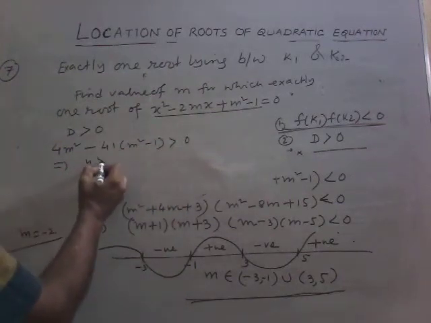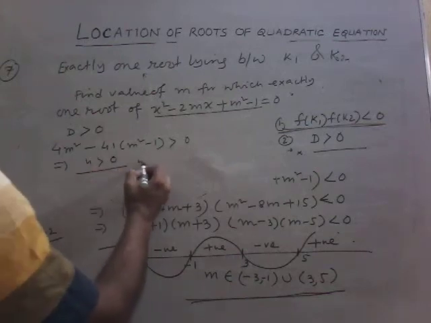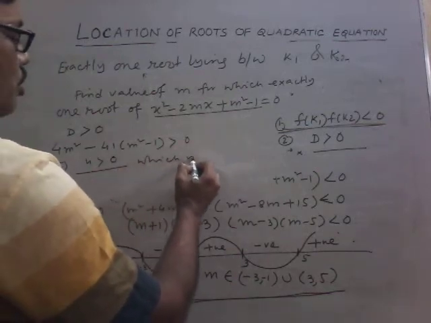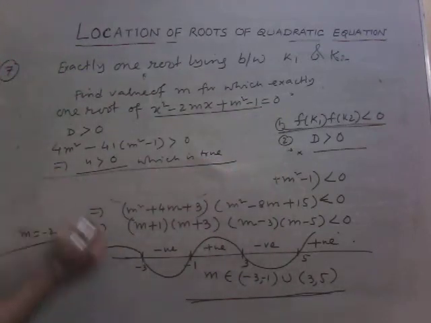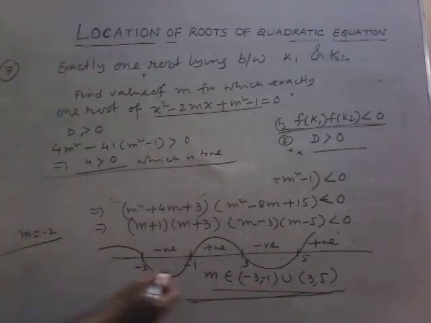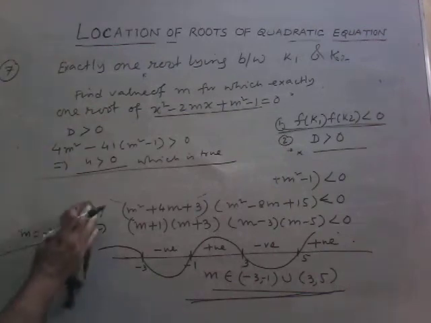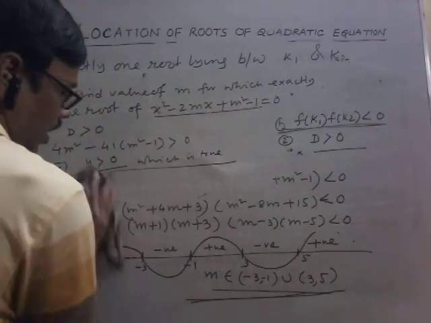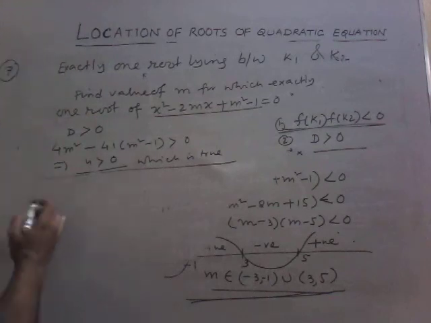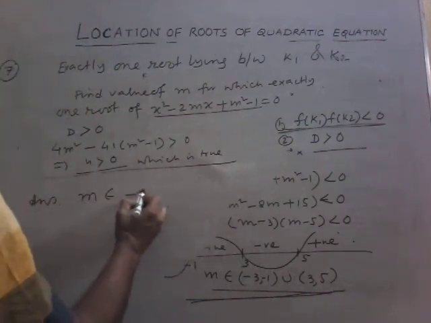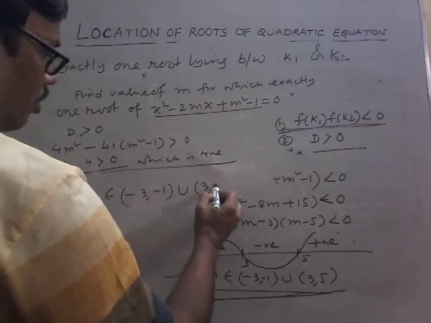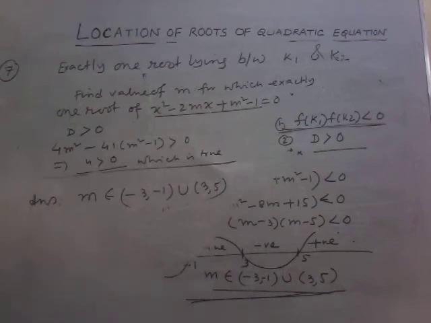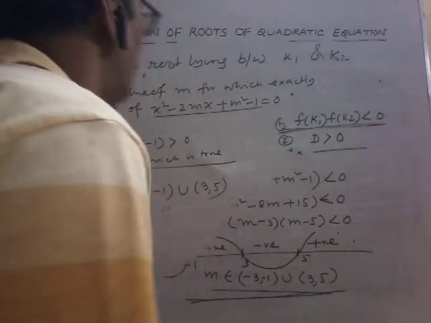So 4 greater than 0, which is true for all m. So what is the common part? Common part is this one. So the final answer is m belongs to -3, -1 union 3, 5.